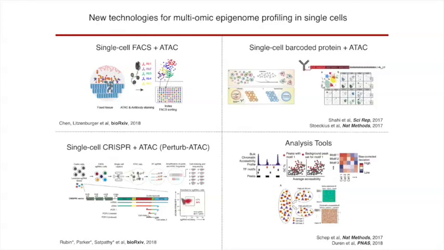So what we're moving towards now is really expanding this suite of multi-omic analysis paired with epigenomics, right? So we've done it with TCR, and I've showed you that. We're now doing single cell FACS sorting with help from BD, single cell barcoded proteins, either with AbSeq or CITE-seq, single cell CRISPR analysis with ATAC-seq, and then building a suite of analysis tools to analyze all that data.